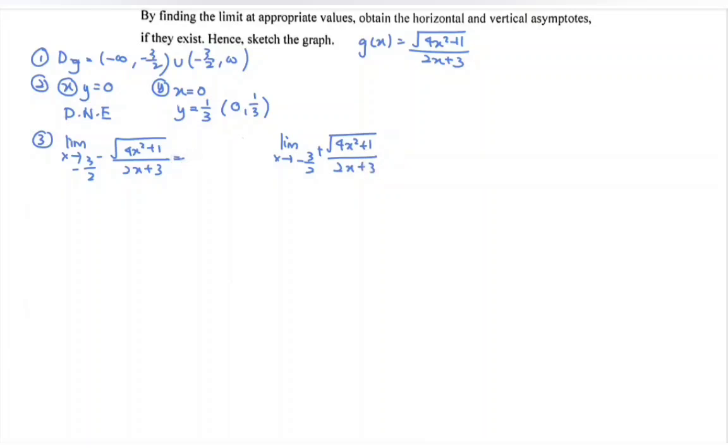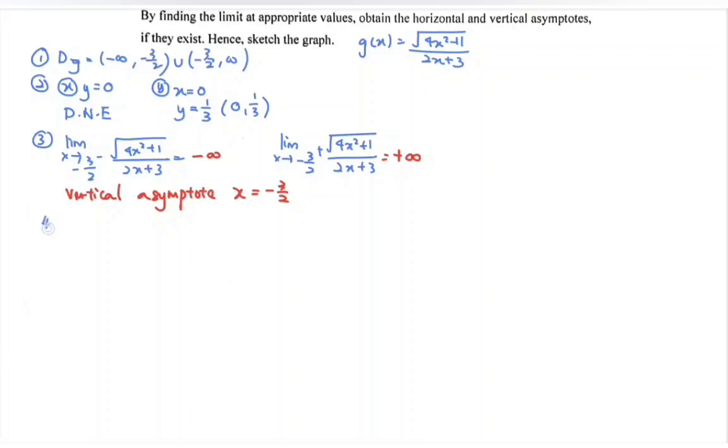By referring to the calculator, we notice that we have negative infinity, which means that when x approaches negative 3 over 2 from the left, the graph will be decreasing. Whereas on the right, when x approaches negative 3 over 2 from the right, the value of y will be increasing. So from here, the vertical asymptote is x equals negative 3 over 2.